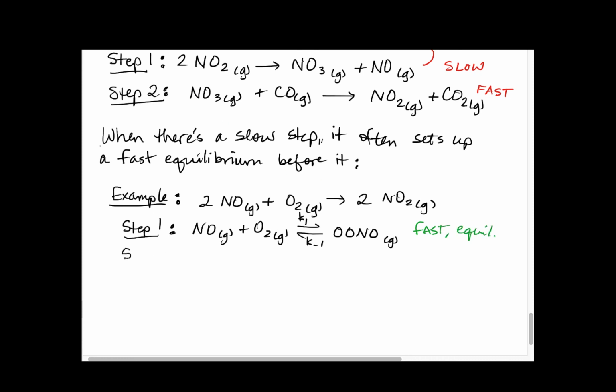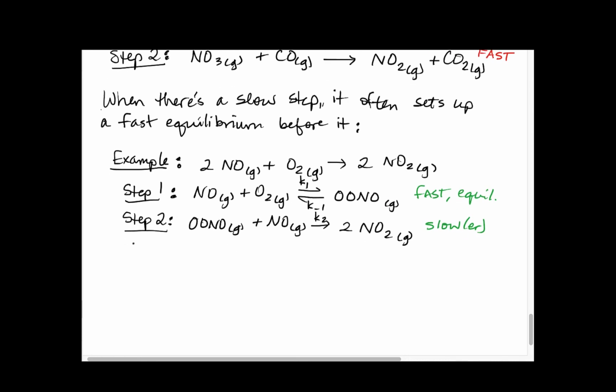And then in the second step, the reaction intermediate reacts with our other nitric oxide slowly, or at least more slowly than step 1, and produces 2 molecules of nitrogen dioxide. At any rate, it is this step 2 that is the rate limiting step.